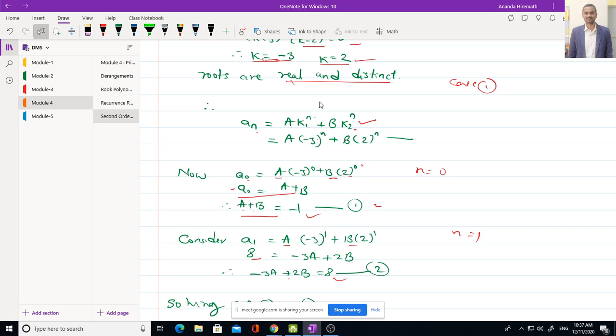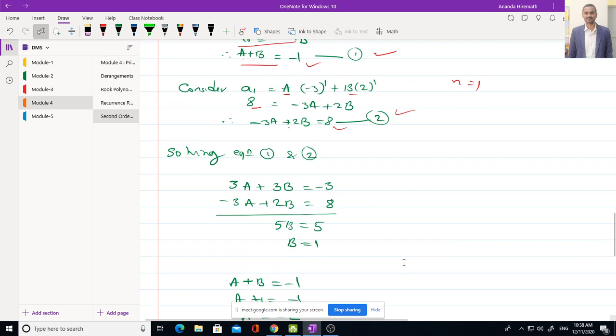So now let us solve these two equations simultaneously. The second equation is minus 3a plus 2b is equal to 8. But the first equation is a plus b equal to minus 1. So we are multiplying equation 1 by 3.